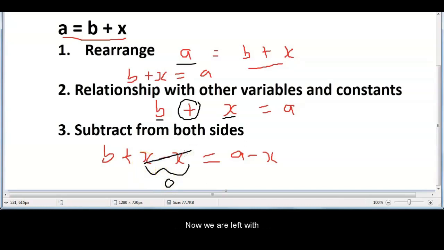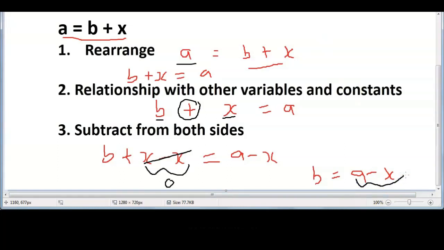We are now left with B equals A minus X. This is the end of the solution, because A and minus X are not like terms.